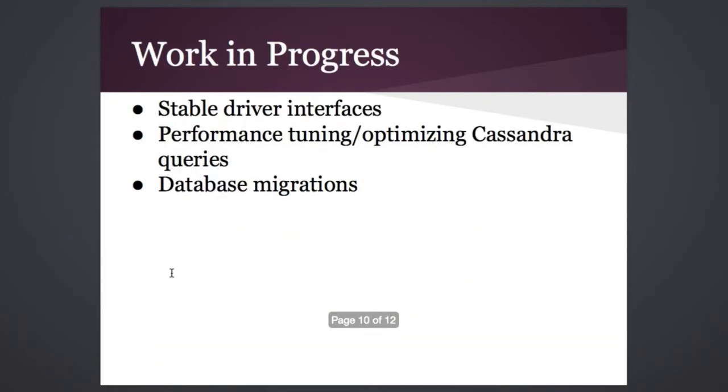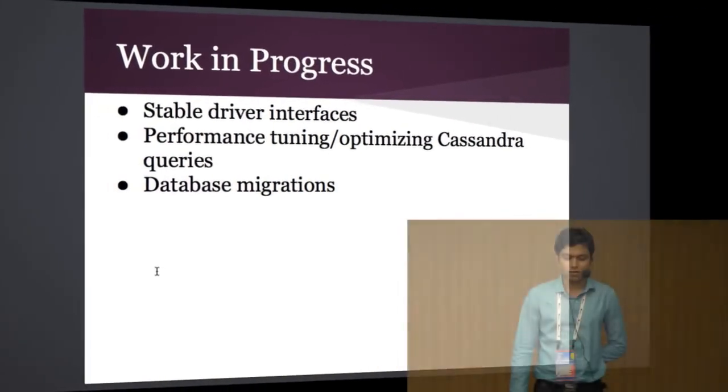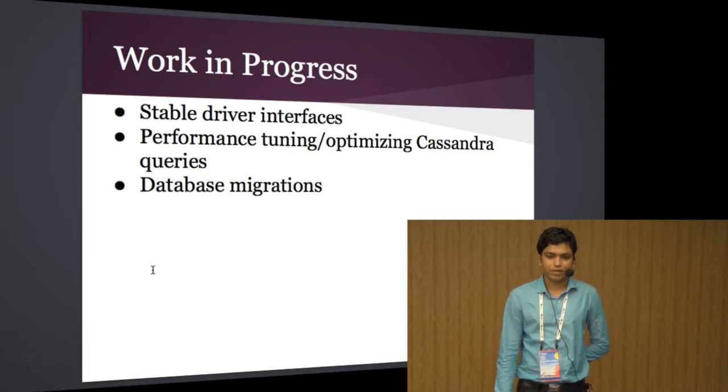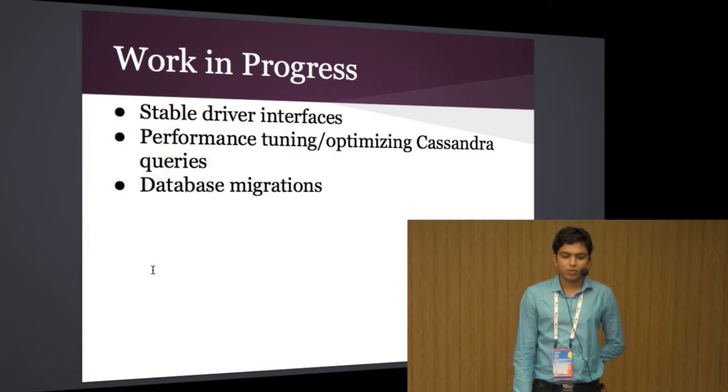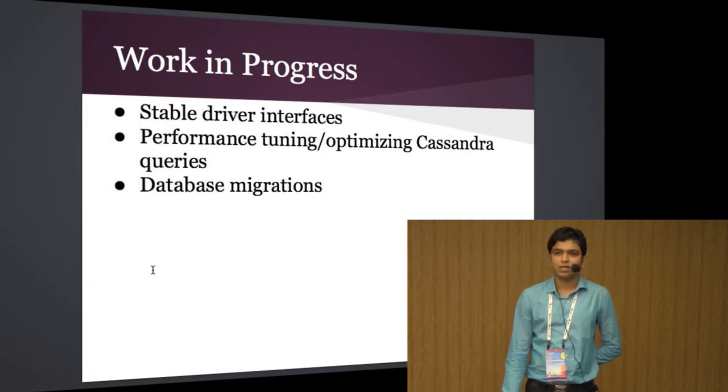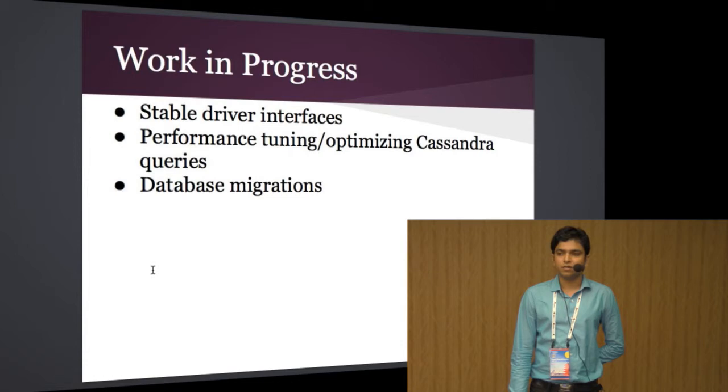So yeah, work in progress. We are looking into stable driver interfaces so that we can maintain the Cassandra driver along with Mongo drivers out of tree, with the in-tree Keystone MySQL driver. Performance tuning and optimizing Cassandra queries. There are a couple of places where what we are doing essentially is write after a read, which is not generally considered a good operation in a distributed database.